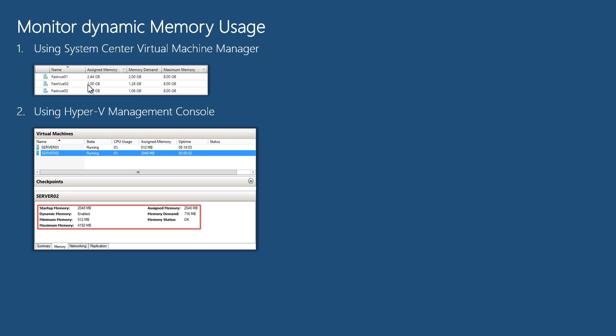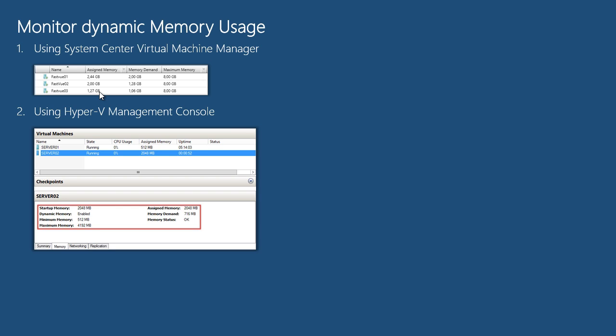The assigned amount is the demand plus the memory buffer. FastView 02 is currently only demanding 1.28 GB since it is a smaller workload. The assigned memory, however, is still 2 GB because this is the specified minimum RAM amount. FastView 03 is currently assigned only 1.27 GB of RAM. It has the smallest workload of all. The difference is that the minimum RAM specified is 512 MB.